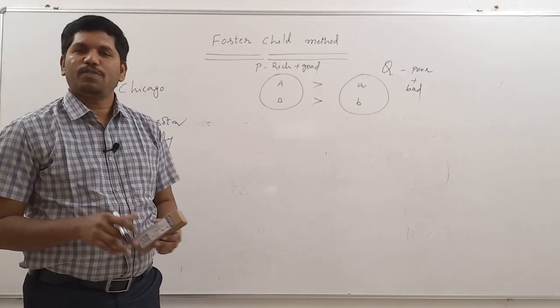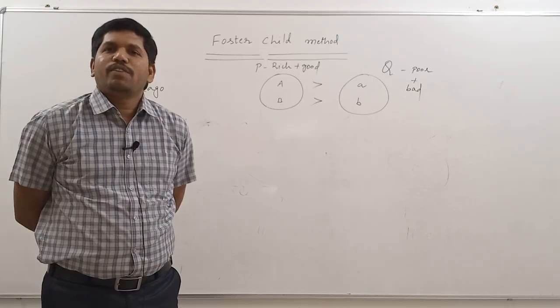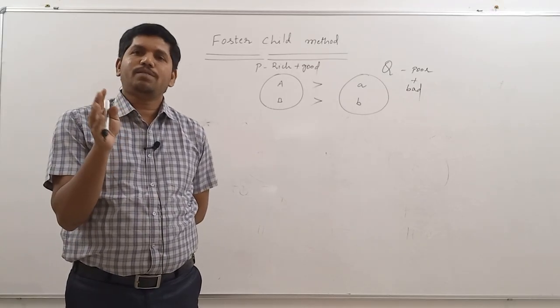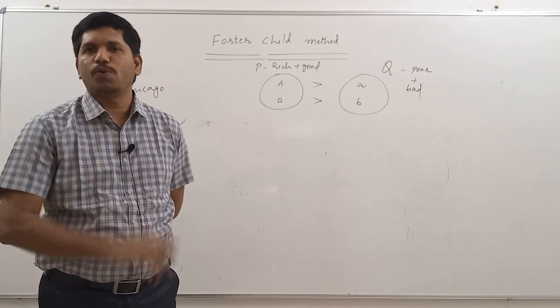This is about the foster child method. By using the foster child method, we can come to a conclusion whether a particular character is because of genes or because of environment or because of both.